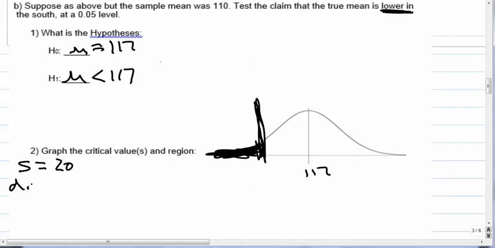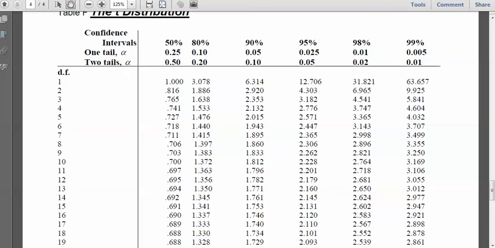Our degrees of freedom is equal to 19. And our sample mean is 110. All right, so now I'm going to look up the t-score or the t-value associated with this. Going to my t-table.